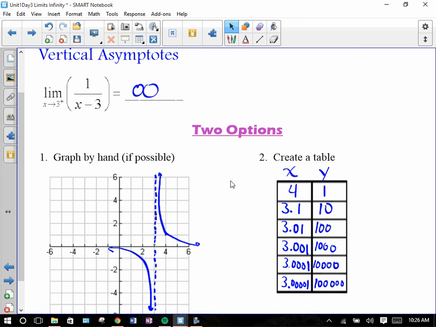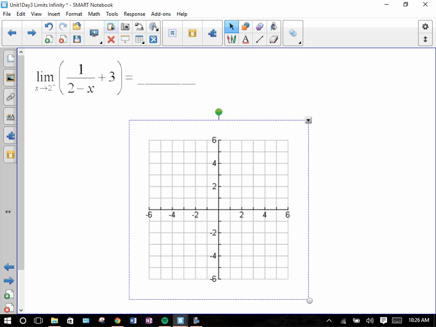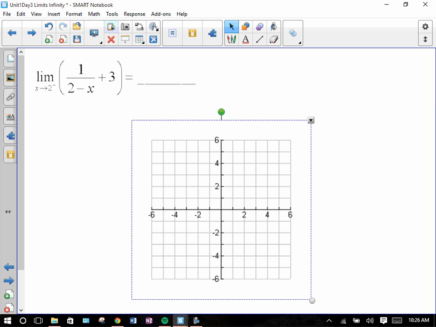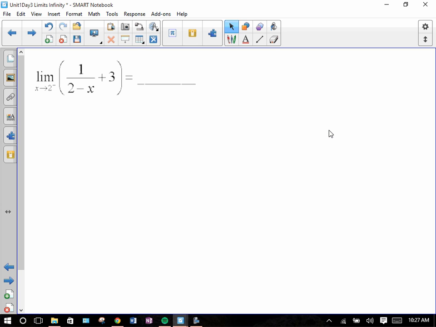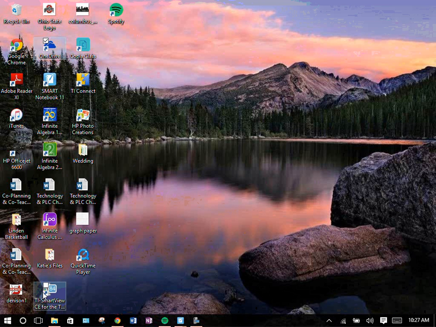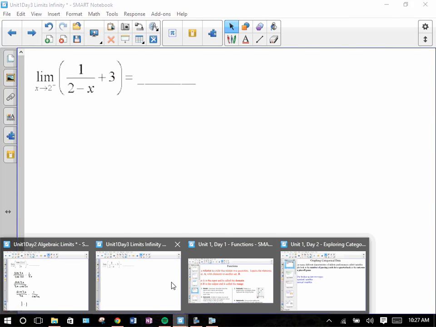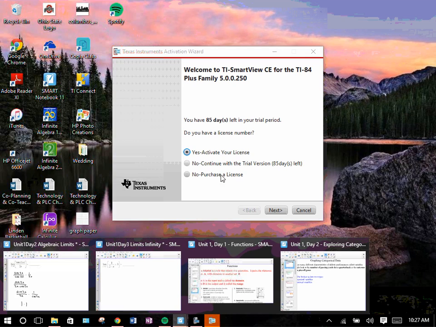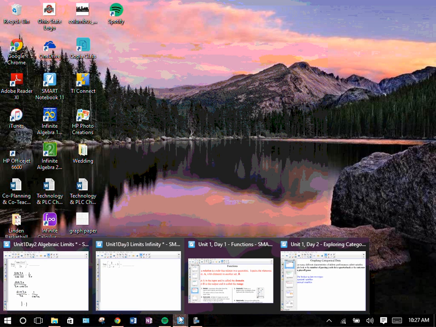All right, so let's look at another one real quick. So we have 1 over 2 minus x, plus 3. Why don't you guys go ahead and graph that on your calculator, 1 over 2 minus x, and then plus 3.